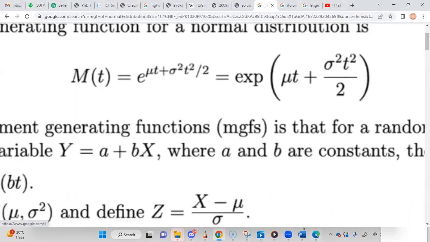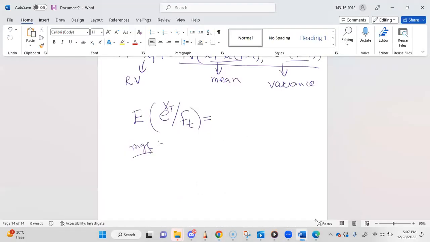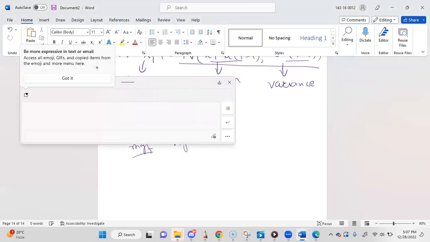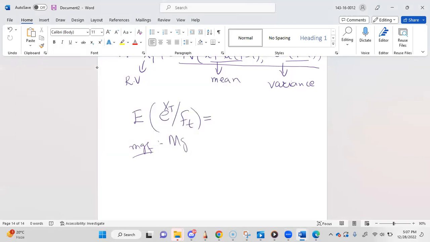So let me write it. All I need is the MGF of normal, the MGF of this X of t.